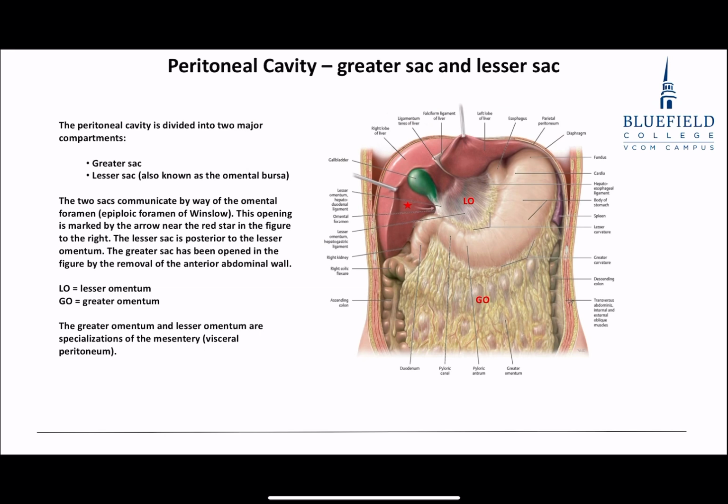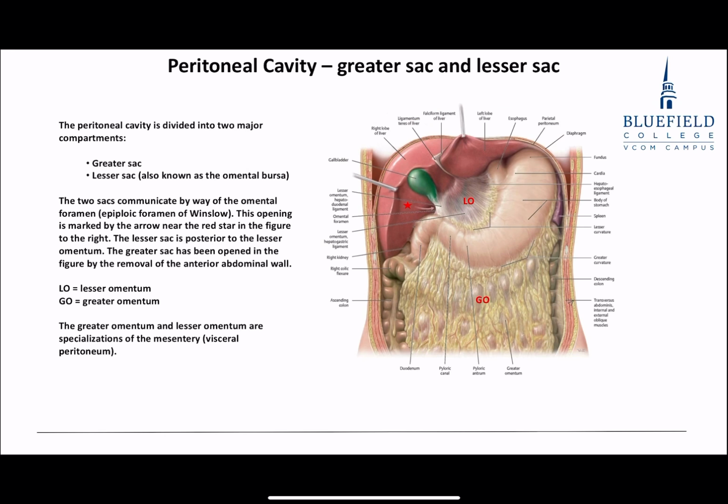You could actually take your finger and put it behind this free end of the lesser omentum here, and your finger would go into the lesser sac. It's this space posterior to this sheet called the lesser omentum. That's the lesser sac. Everything else out here is part of the greater sac, and together, those two sacs make up the majority of the peritoneal cavity.